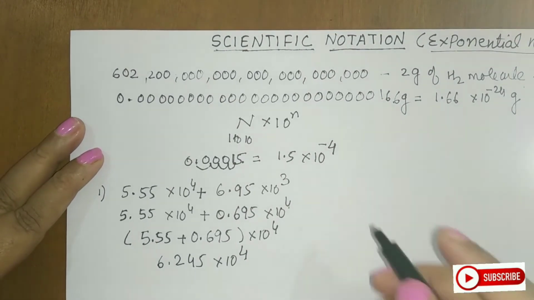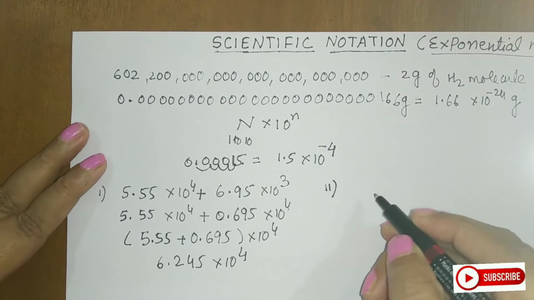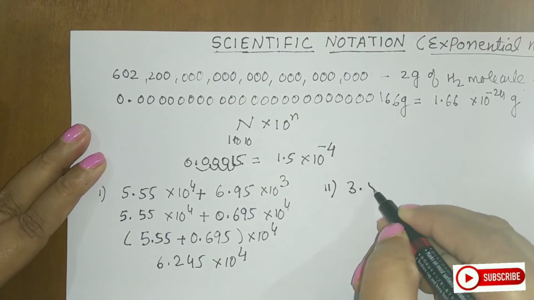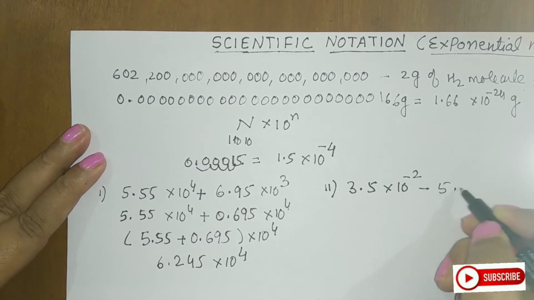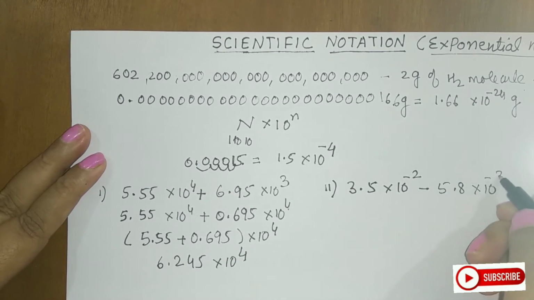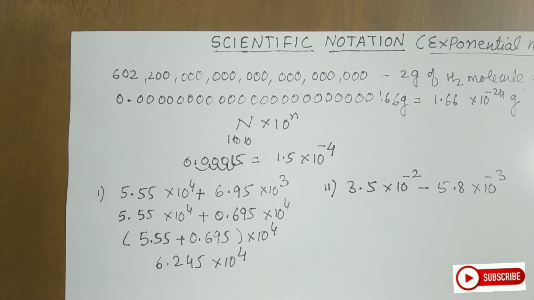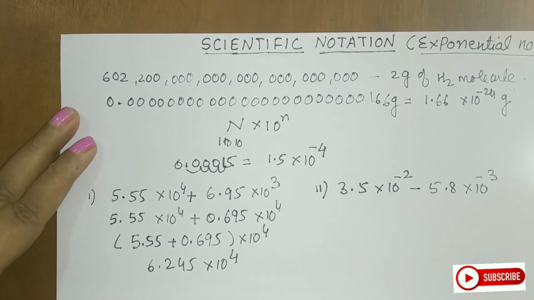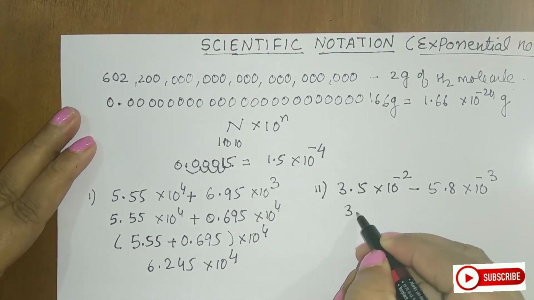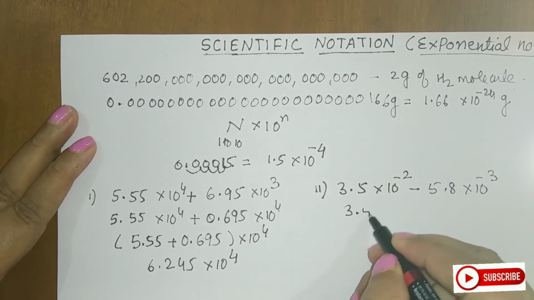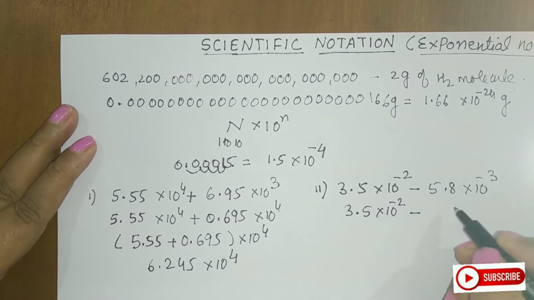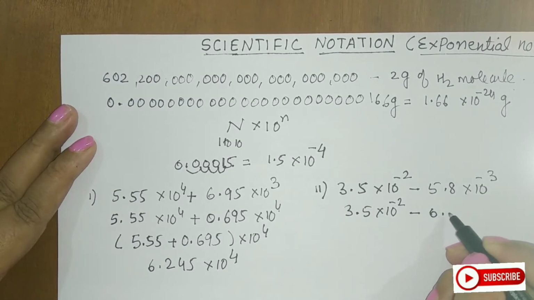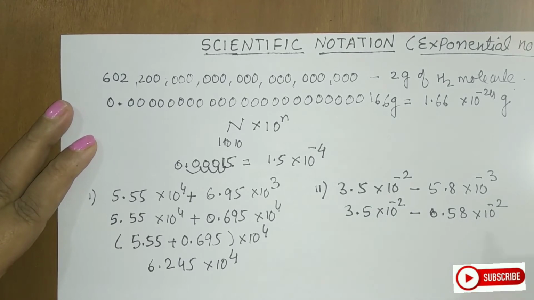Let us try for the next one. The sum is 3.5 into 10 raised to minus 2 minus 5.8 into 10 raised to minus 3. Now I have to make the powers equal. So this will be 3.5 into 10 raised to minus 2 minus 0.58 into 10 raised to minus 2.